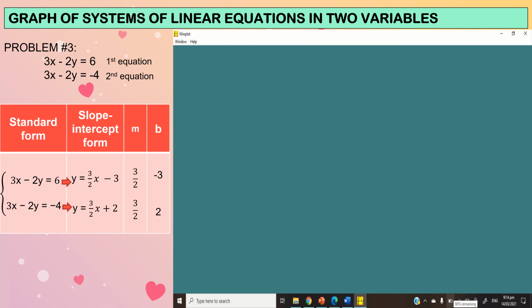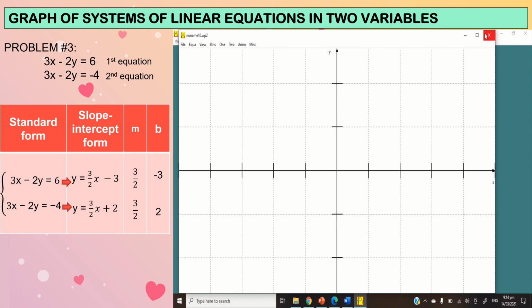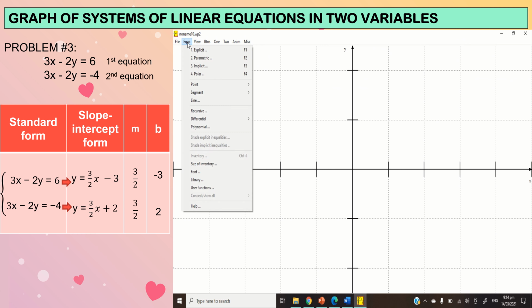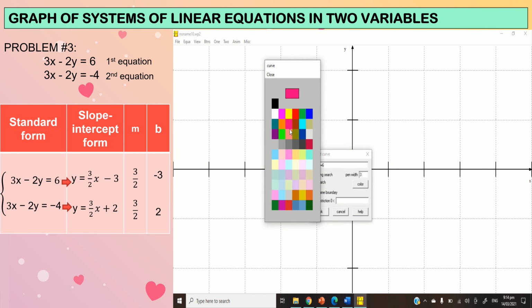Again, by using the WinPlot application, we are going to graph problem number 3, given 3x minus 2y is equal to 6 and 3x minus 2y is equal to negative 4. Select Window, 2-dimension, and equation, implicit. Input our first equation, 3x minus 2y is equal to 6. Select the thickness of our line. Then choose our desired color.